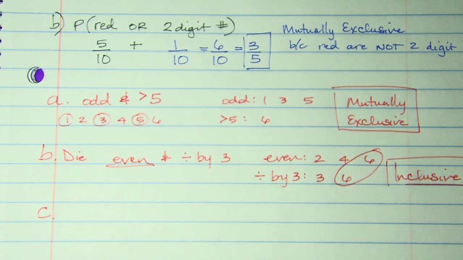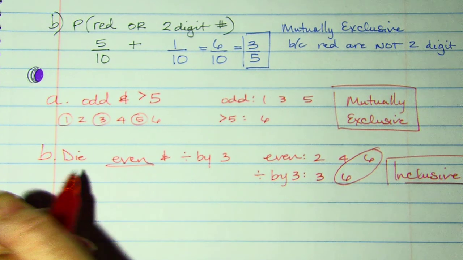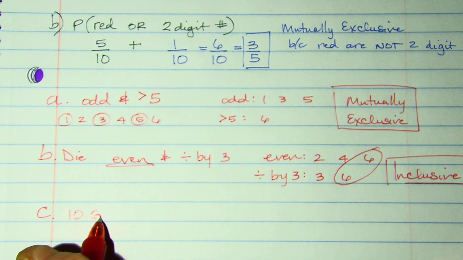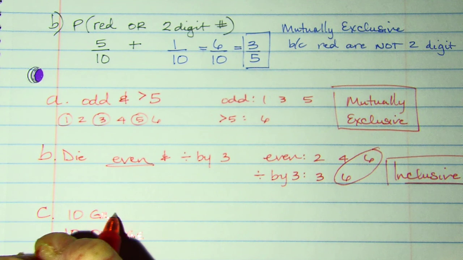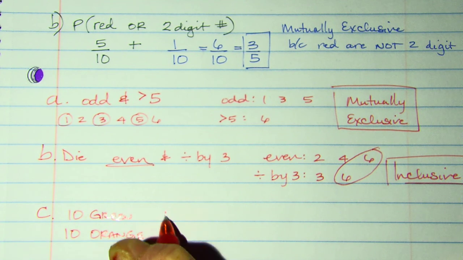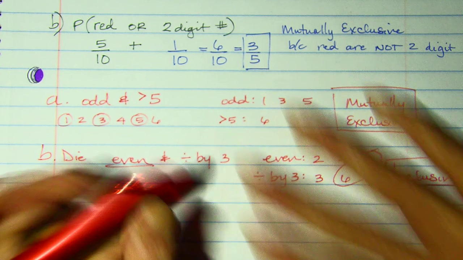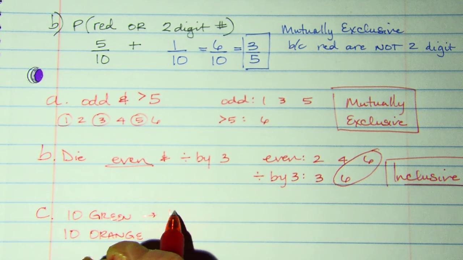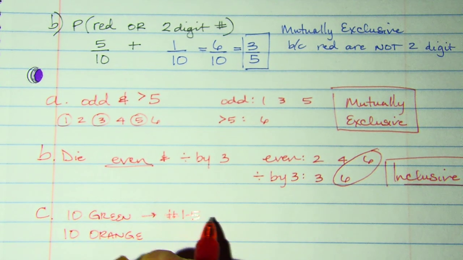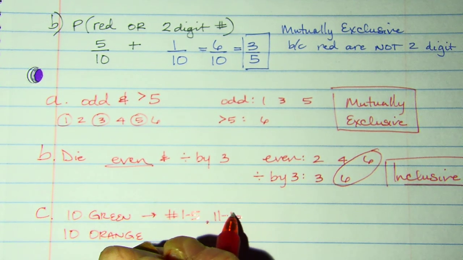Part C. So a jar contains 10 green and it contains 10 orange. Oh, and the green are numbered 1 through 5 and 11 through 15.